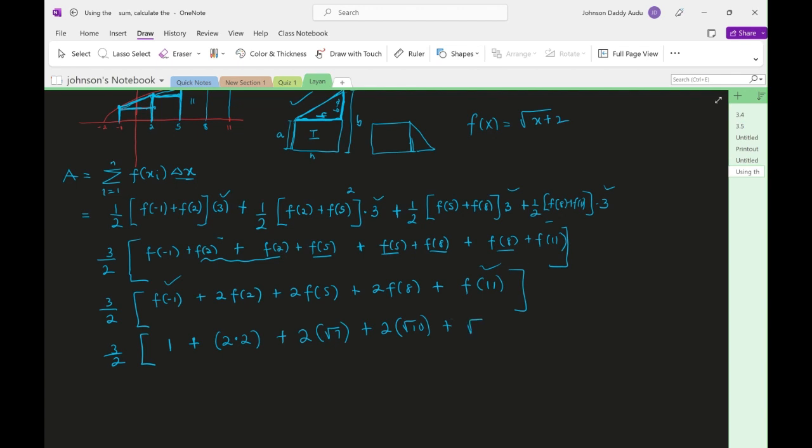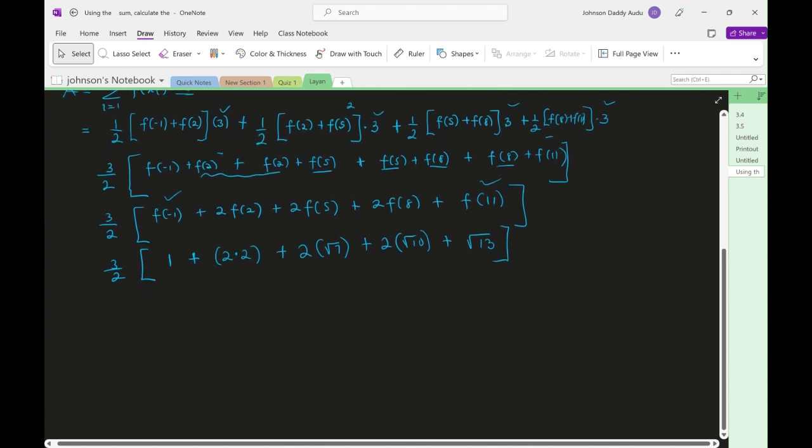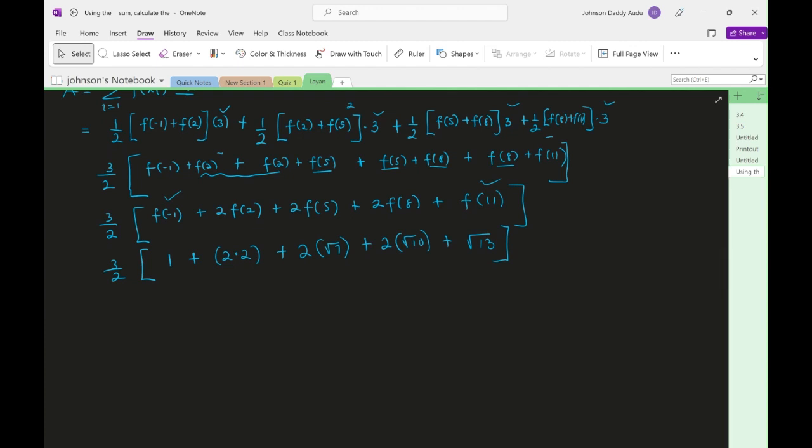Then finally f of 11, which is going to be root of 13. Is that okay? So now for the remaining, you just need to get a calculator and try to get an approximate value for all of this.